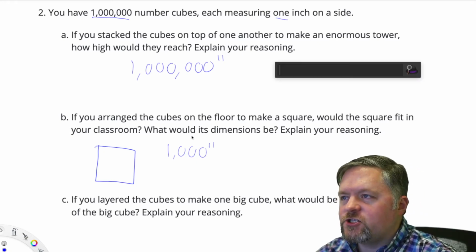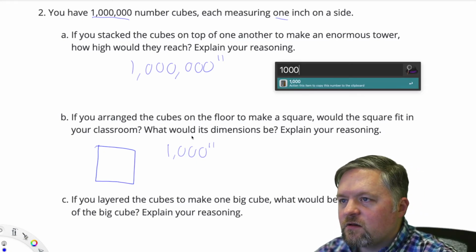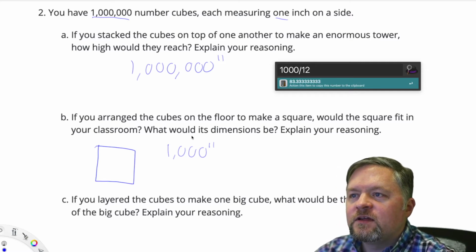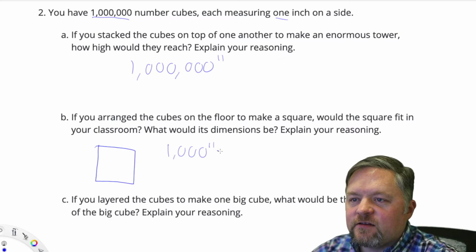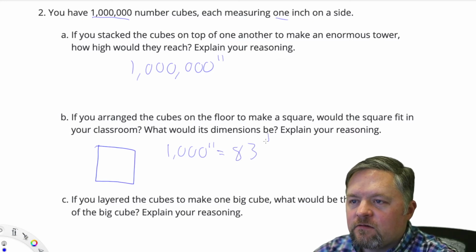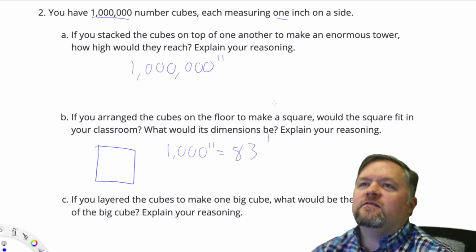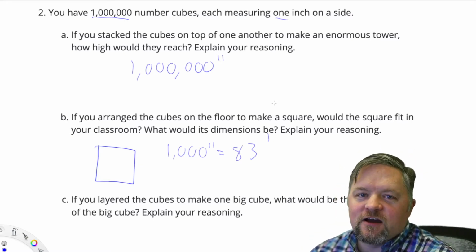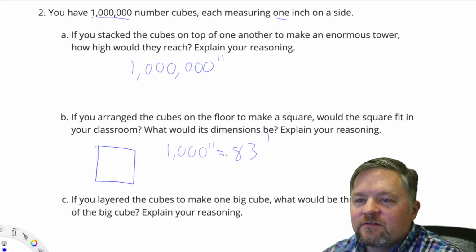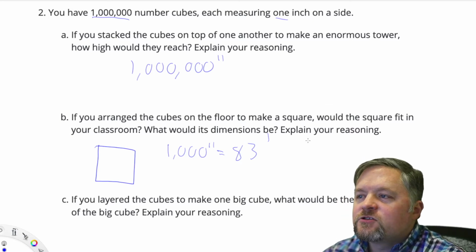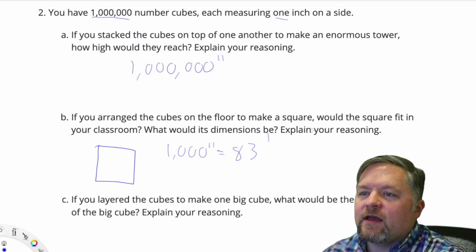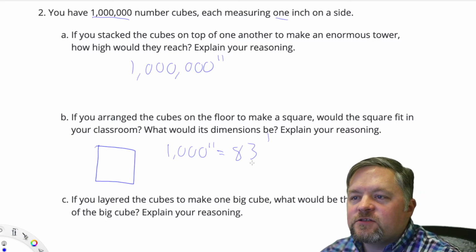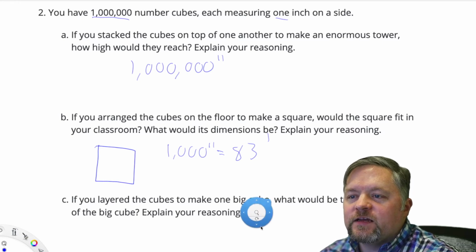Let me check. 1,000 divided by 12, that's 83 feet. Nope, this classroom's not 83 feet long. So would it fit in the classroom? No way. What would the dimensions be? 1,000 by 1,000, or about 83 feet square.